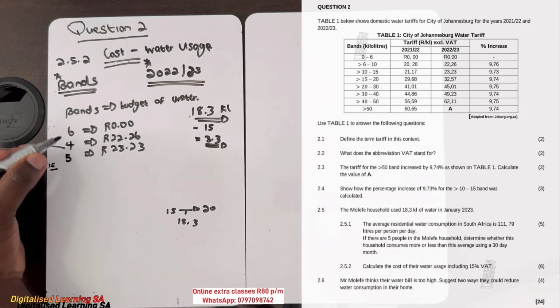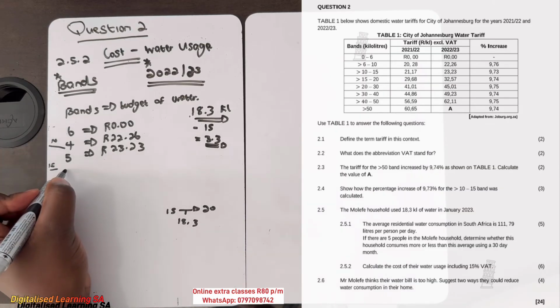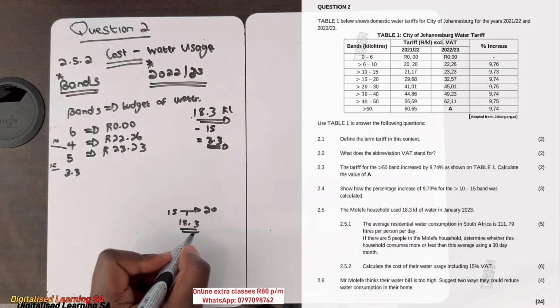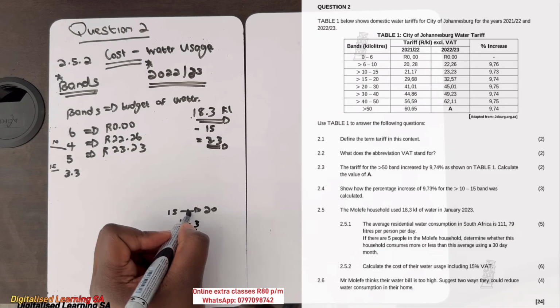So we had 15, meaning that if we add 3.3, we will have 18.3, which still falls within this range.